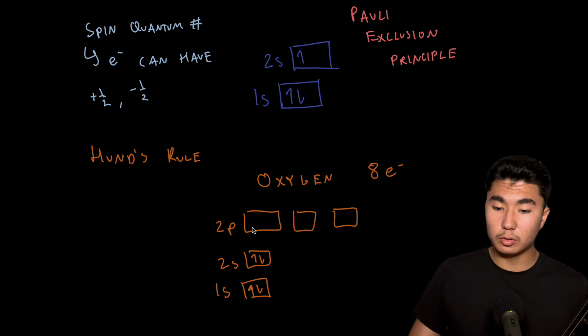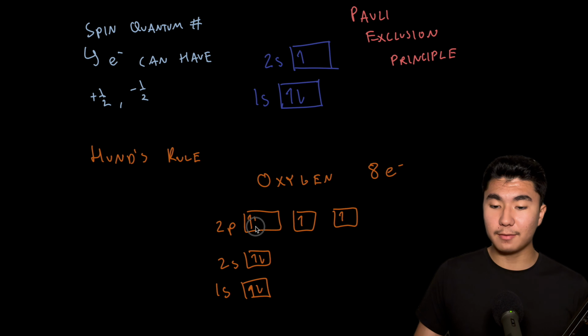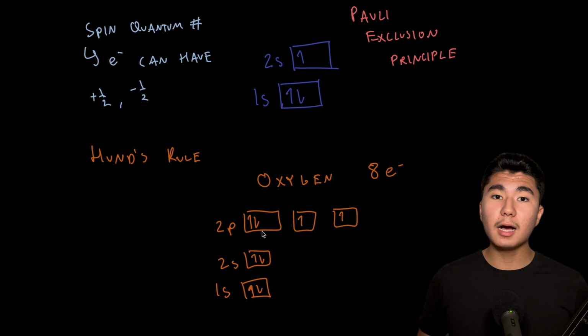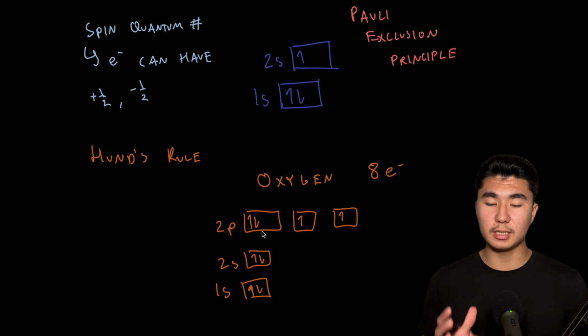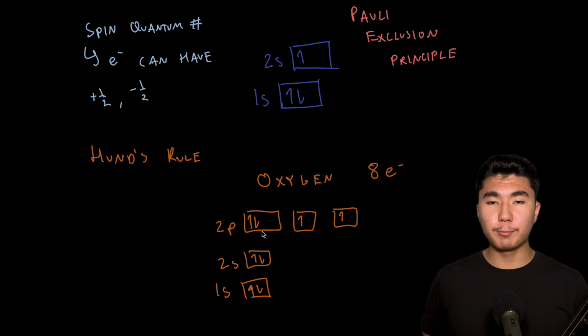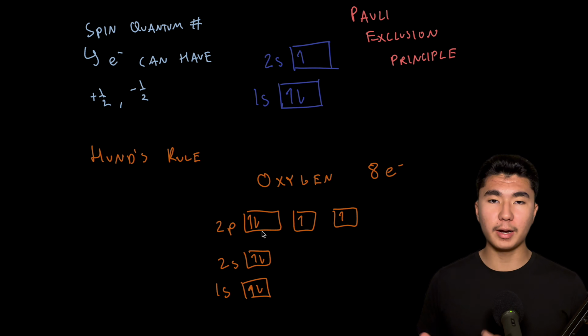With Hund's rule, we have to fill in all of these boxes before we can double up. So we fill in each box, and now we can double those pairs, with 2 electrons in each box. That's Hund's rule and the Pauli exclusion principle, and it details how you should be writing in these electron configuration boxes. Now let's move on to the p orbitals.